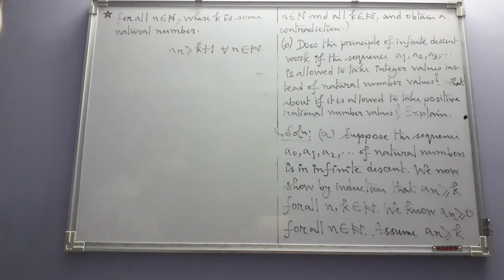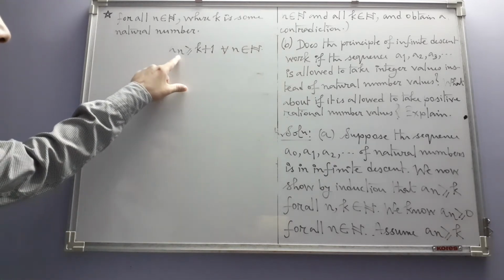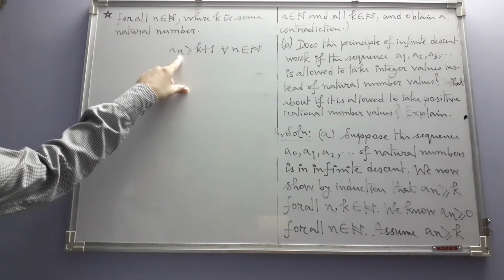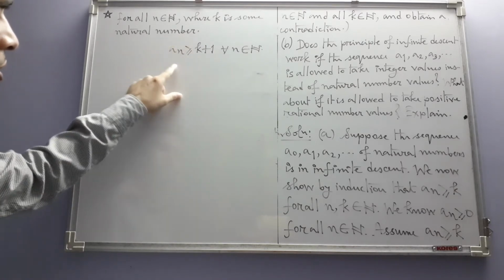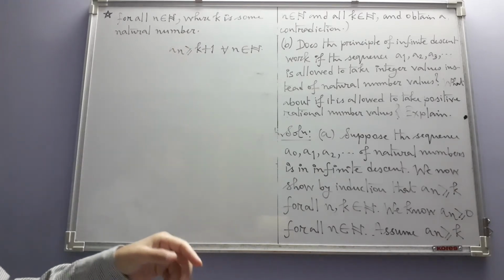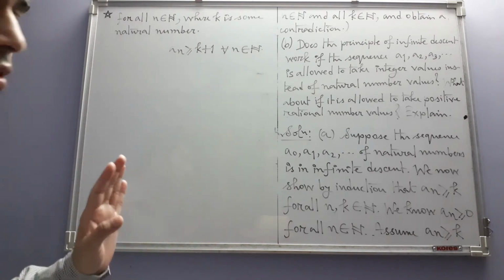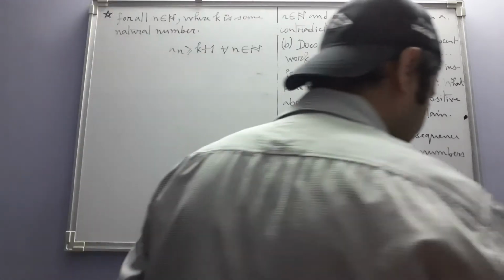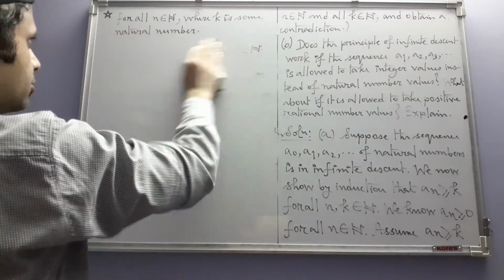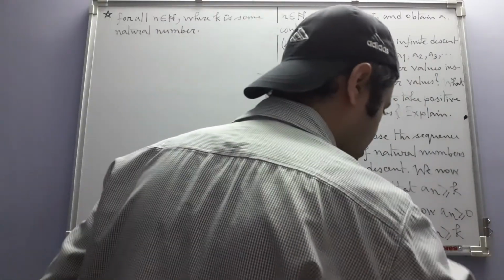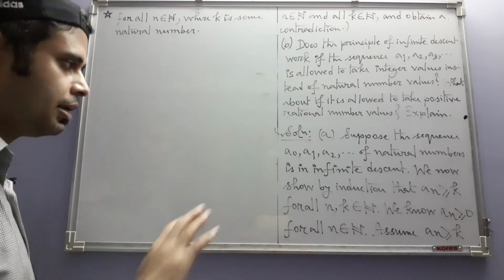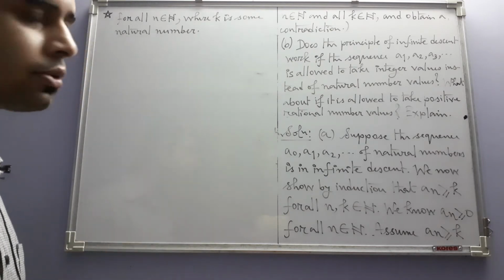Suppose this is not true, that means there is at least one value of n for which the corresponding a_n is strictly less than k plus 1. It's not greater than or equal to k plus 1. So that is the supposition we are going to make.